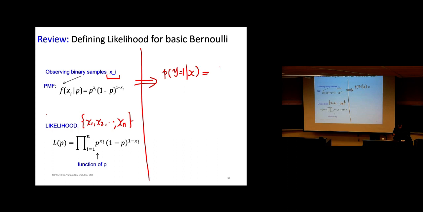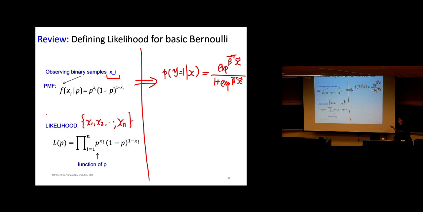It's exponential of beta vector transpose x vector over 1 plus exponential of beta vector transpose x vector. And I want to do the same thing as before.